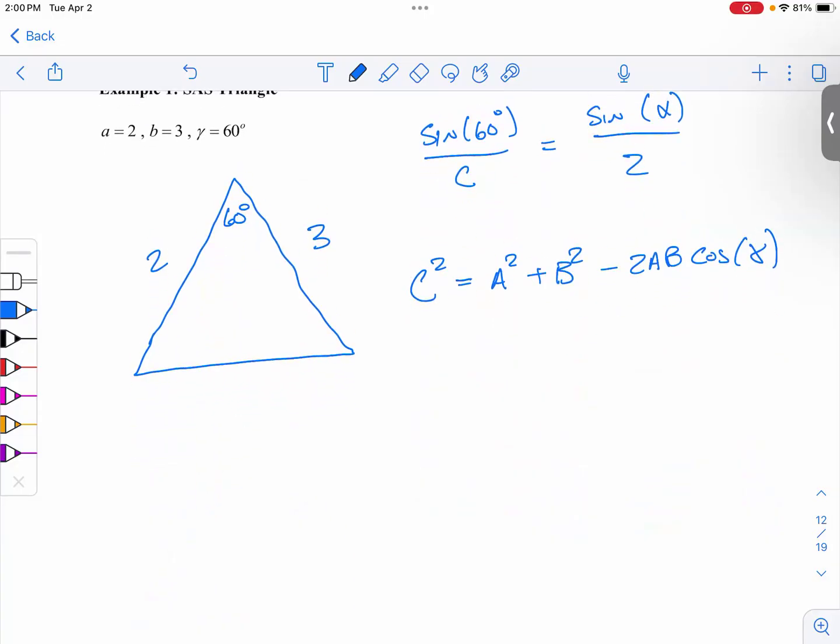So the law of cosines does the same thing, all right? But notice that I only need one angle in order to do it. I still need an angle and at least two sides in order to do this. And so this one, same thing. So c squared equals 2 squared plus 3 squared.